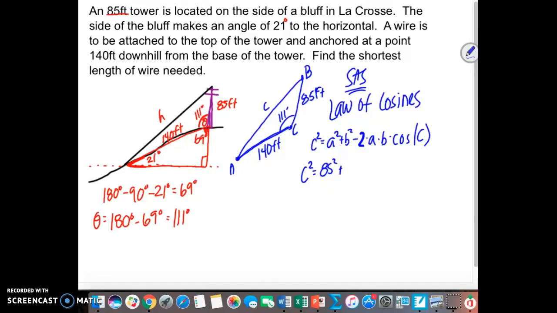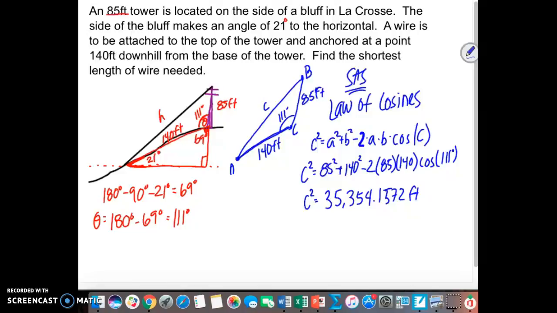Side length B is 140, so we're going to have plus 140 squared minus 2 times 85 times 140 times the cosine of 111 degrees. Again, making sure that your calculator is in the correct mode, so it must be in degree mode. We end up with C squared equals 35,354.1572 feet.